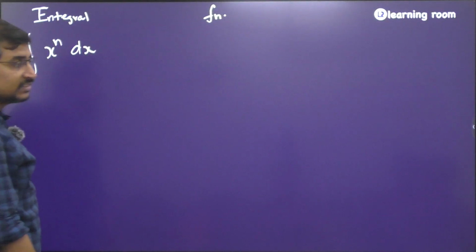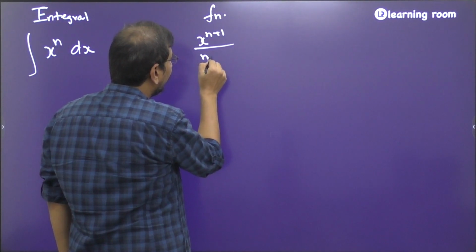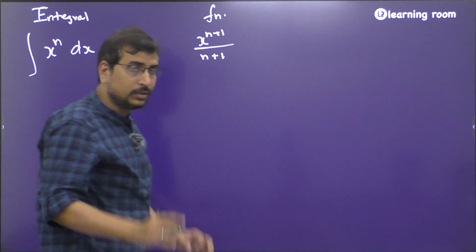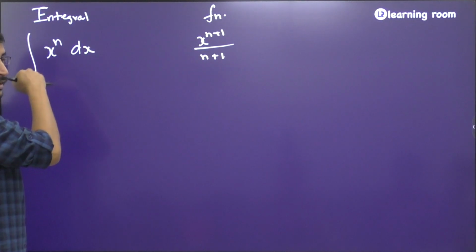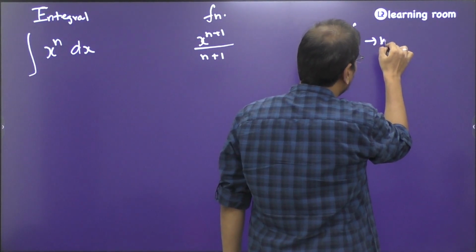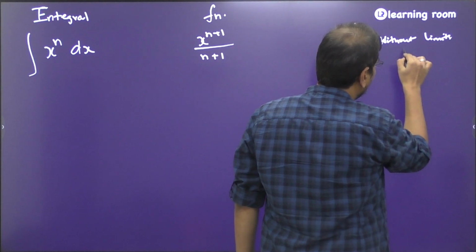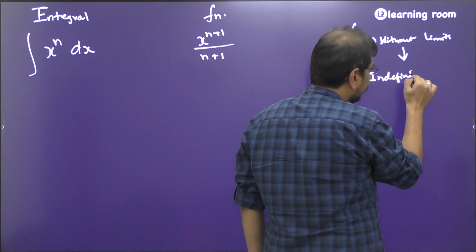So integral of x power n dx is going to be equal to x power n plus 1 divided by n plus 1, right? So this is a point to be noted, and another important point to be noted is whenever you have this integral without limits. So integral without limits is said to be indefinite integration.